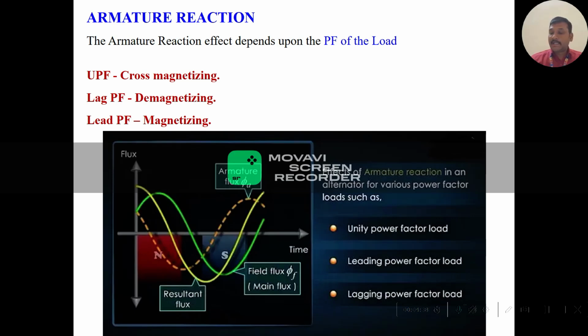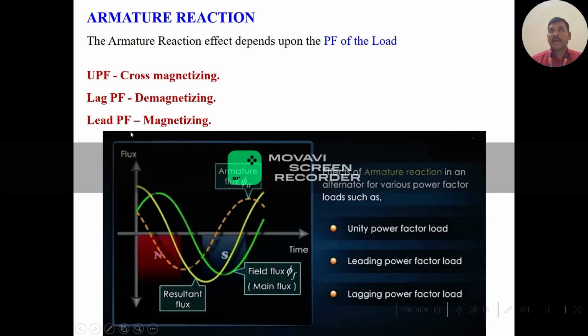Then when you are connecting capacitive load across the terminals of the alternator, the power factor will be the leading power factor, and the load current withdrawn by the capacitive load will lead the voltage by an angle.